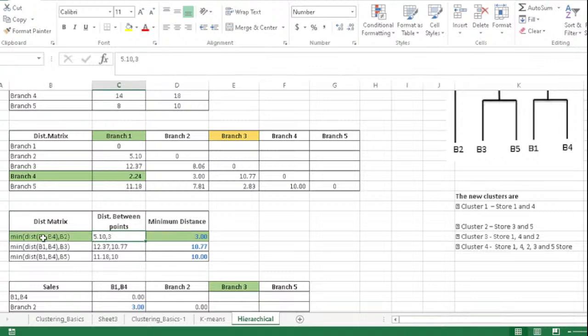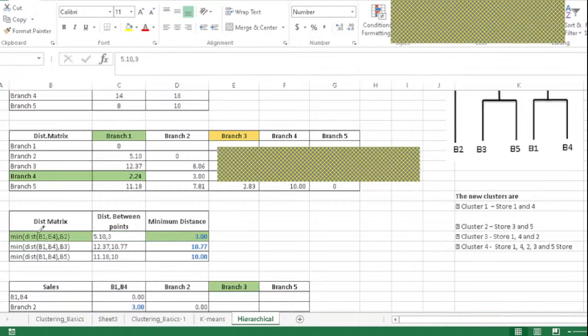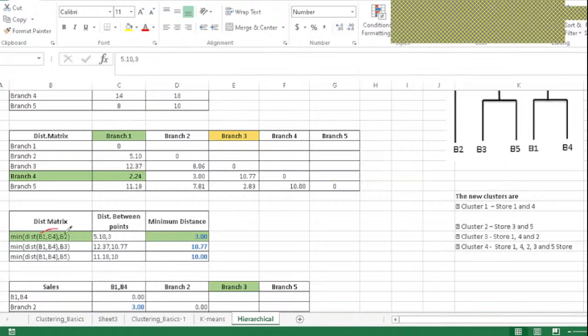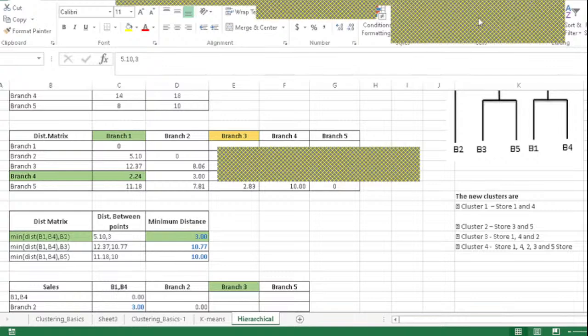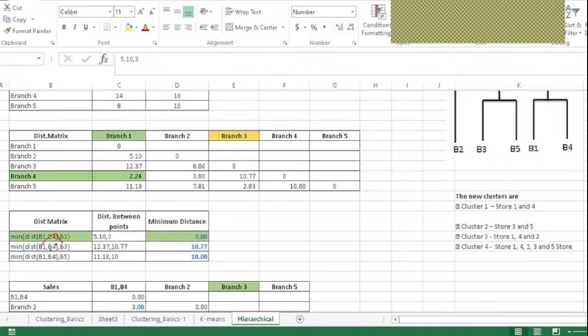I first get the distance between 1 and 2 and 4 and 2. This is the distance between 1 and 2, and this is the distance between 4 and 2. Similarly, I find the distance between 1 and 3 and 4 and 3.